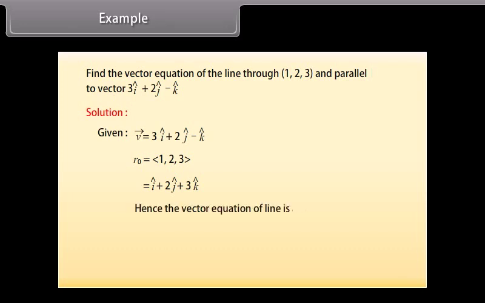Hence the vector equation of the line is r equals i plus 2j plus 3k plus t(3i plus 2j minus k), which equals (1 plus 3t)i plus (2 plus 2t)j plus (3 minus t)k.